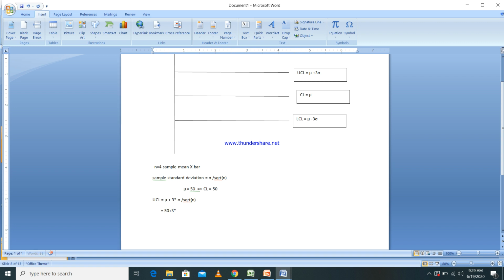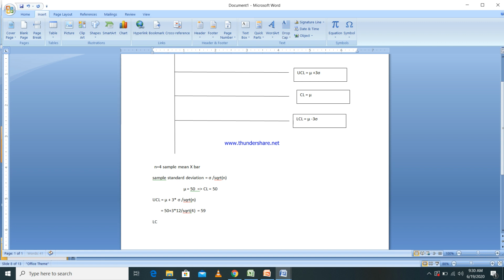So you take 3 multiplied by sigma, which is given as 12, divided by the square root of the first sample size we have to consider, that is 4. The square root of 4 is equal to 2. If you simplify these values, you end up with 59. That is, the UCL value is 59.